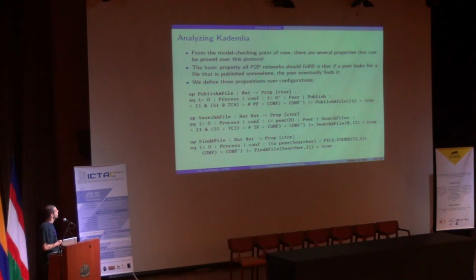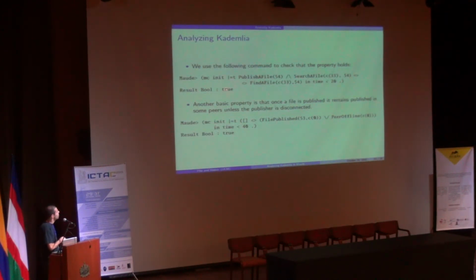And regarding model checking, we can prove some simple properties. For example, we have this property here. If a file is published and someone is searching for it, then it's eventually found. So we can define properties asking whether a file is published, is searched, or is found.